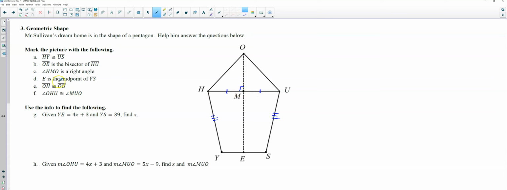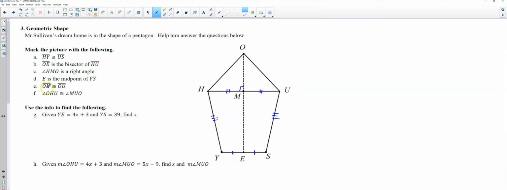That's a right angle. E is the midpoint of segment YS. So I'm just gonna put 1 and 1, and I'm gonna fix this and put 2 and 2 because it's longer, right? So it's nice to keep it that way.